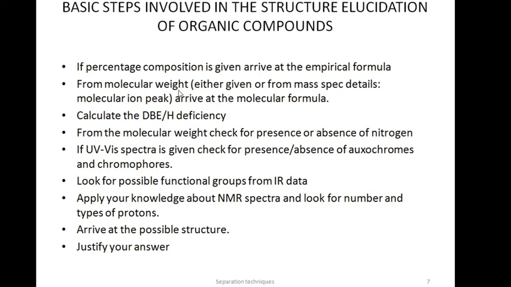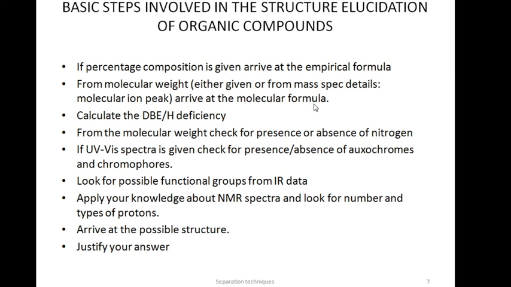From the molecular weight, either given or from the mass spectral details which you obtain, the molecular ion peak will be directly proportional to the molecular weight of the molecule. Hence, the molecular ion peak will tell us what the molecular weight of the molecule is. From that, you can arrive at the molecular formula. First you have to find out the empirical formula and then the molecular formula.